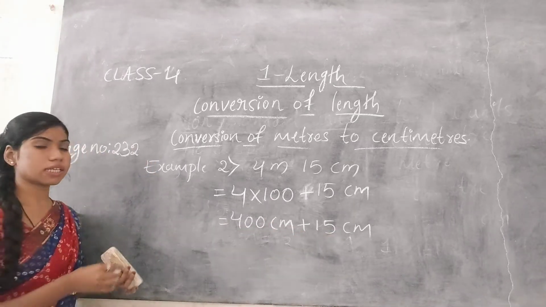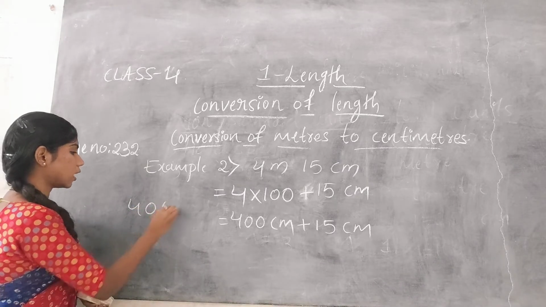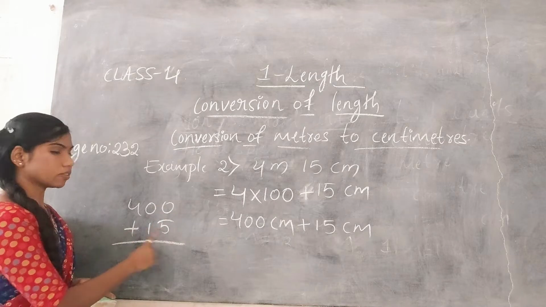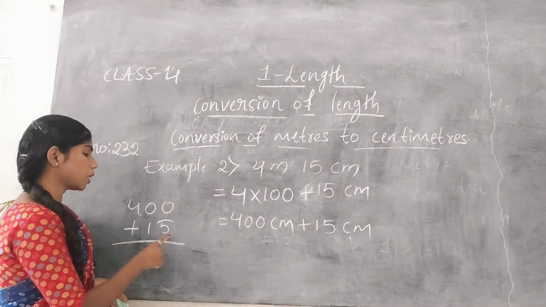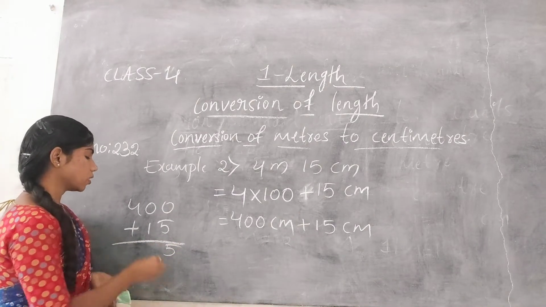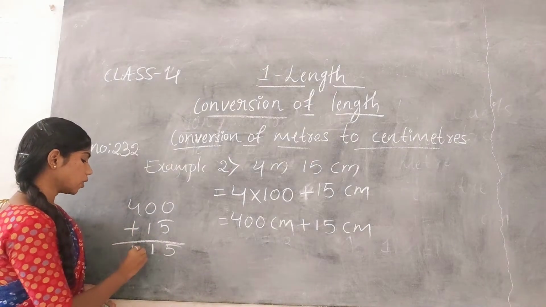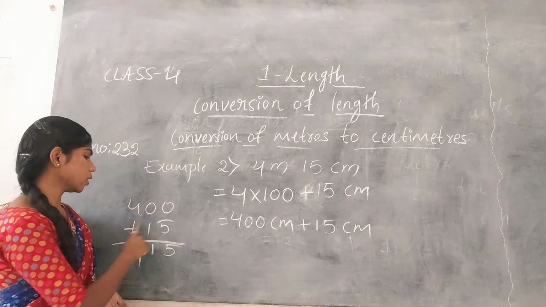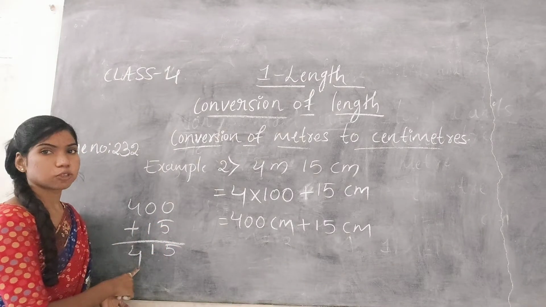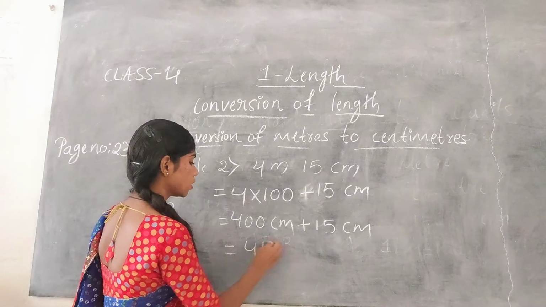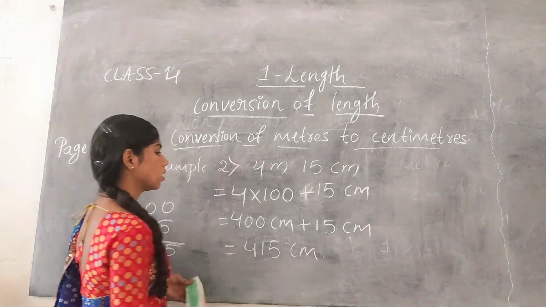So what will we get here? 400 plus 15. 0 plus 5, 5. 0 plus 1, 1. Then 4 as it is. So 400 plus 15 is equal to 415 centimeter.